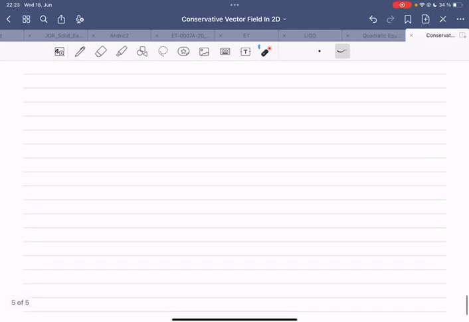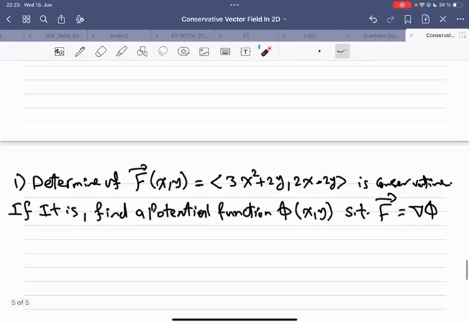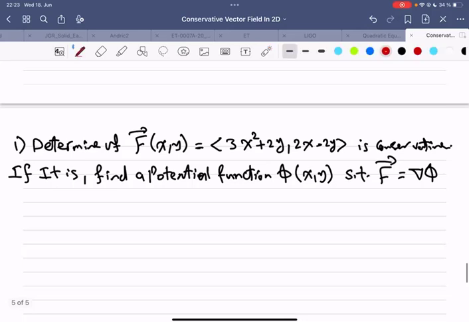Last example, and we will solve it using the two methods. This is m, this is n. We will check if m y equals n x. M y, differentiate this according to y, it will give you 2.